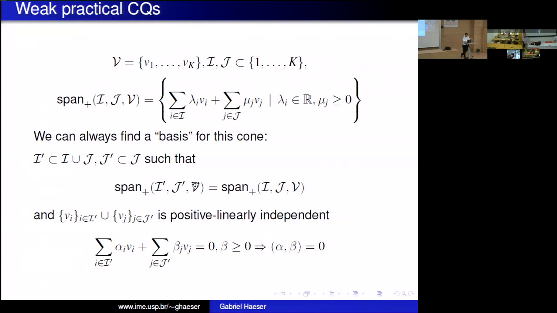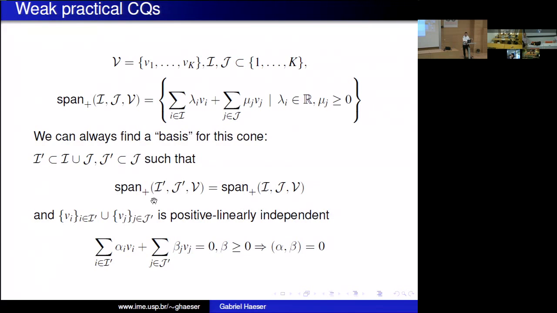So a basis is a subset I prime and J prime of indexes, such that you generate the same cone using this other set of indexes. So you can always find this basis, and you call it a basis.